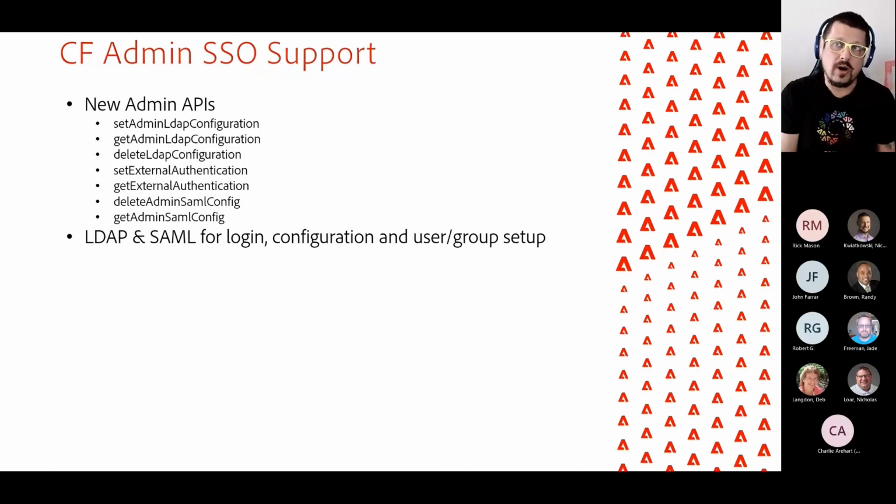CFadmin SSO support. This one is a big deal for big companies that use SSO, because one of the complaints that I hear a lot about from bigger companies, universities, places like that, is adding ColdFusion adds load to administrators, security people, etc., because there's no way to control access to the server. And that's a pretty big deal. If you can get in there, you can wreak havoc, right?